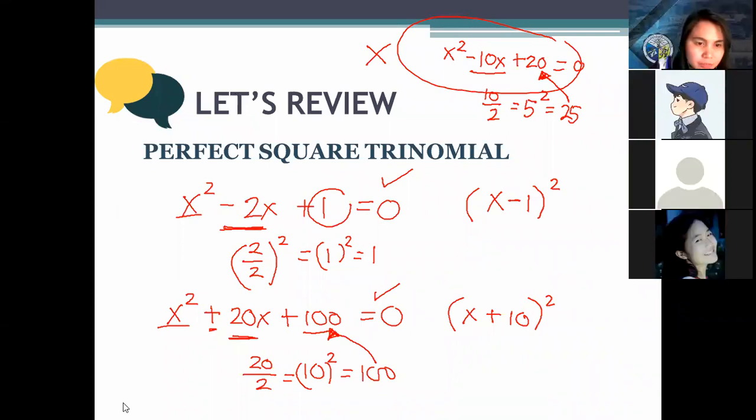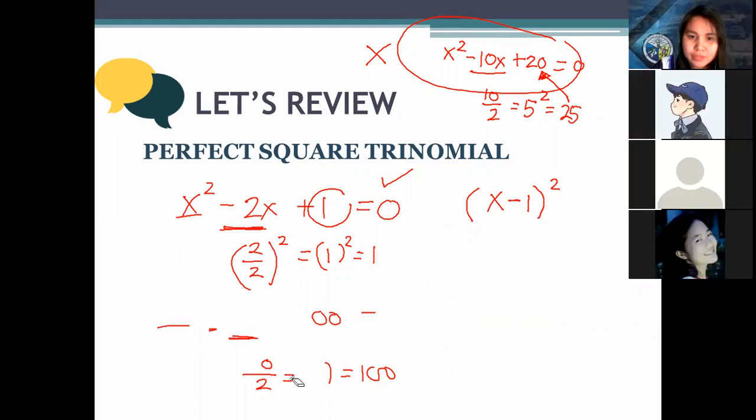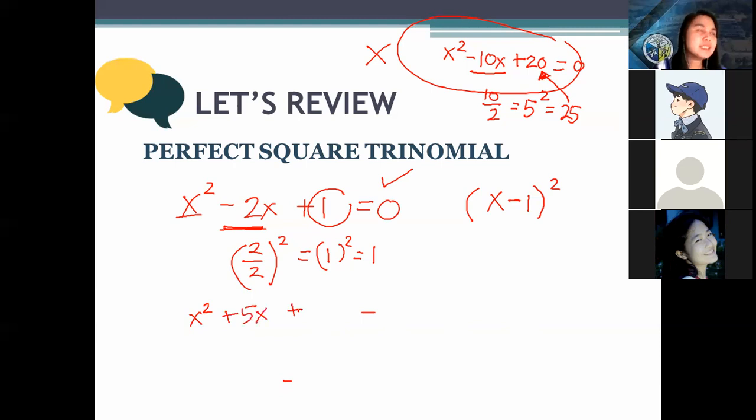Wait. Let me erase some for a while. For example, we have x squared plus 5x plus 25 over 4.